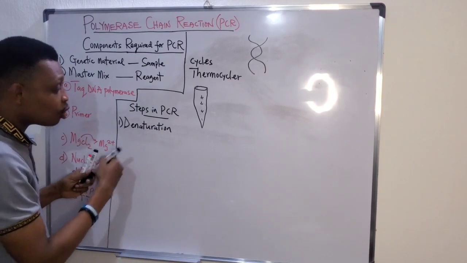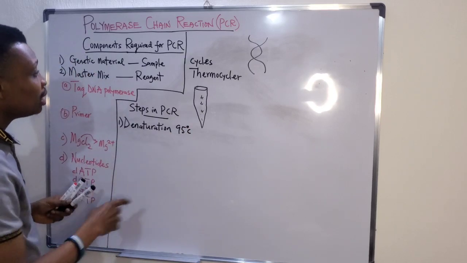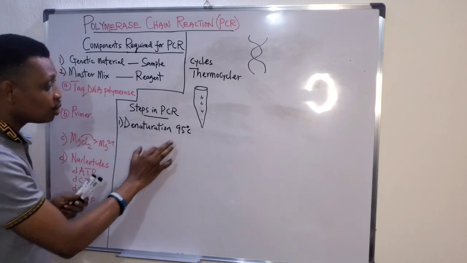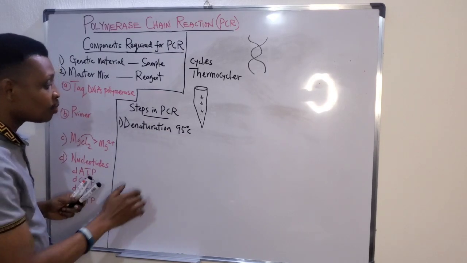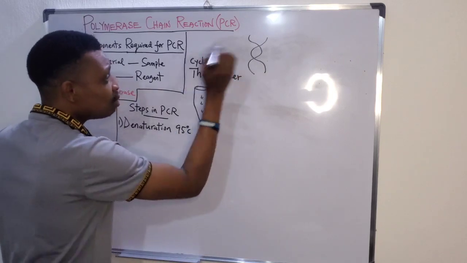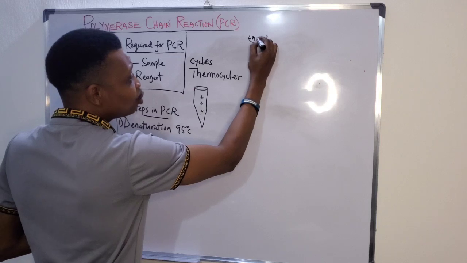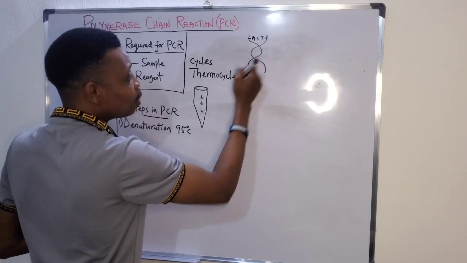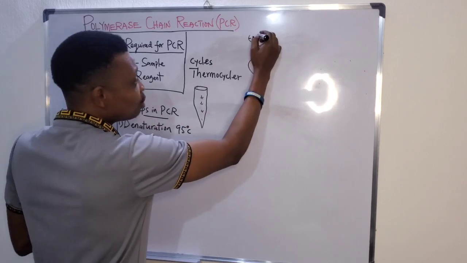This denaturation occurs at 95 degrees Celsius. So the thermocycler will raise the temperature to about 95 degrees Celsius. And at this temperature, the hydrogen bonds, remember I said that these nitrogenous bases are held together by hydrogen bonds, will be broken.